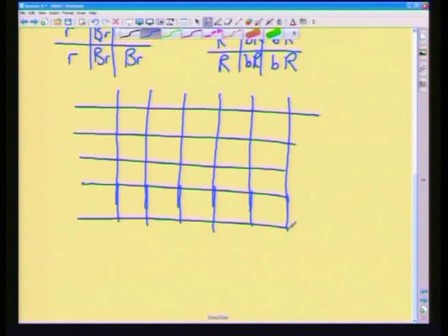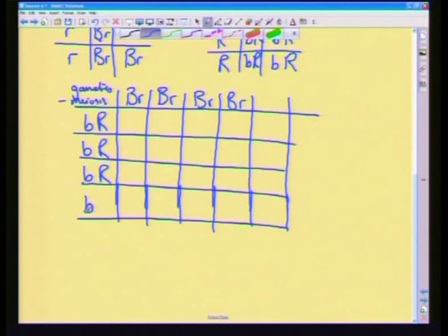So, looking at all our combinations, we know we are going to have our gametes. Our gametes are going to undergo meiosis, and these are our combinations. We're going to have capital B, small r, and we have it all across.